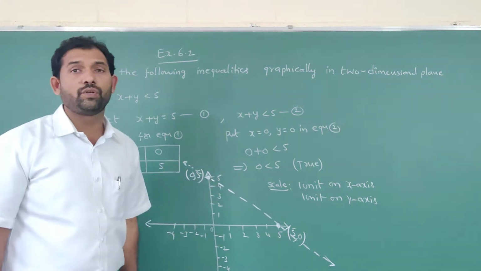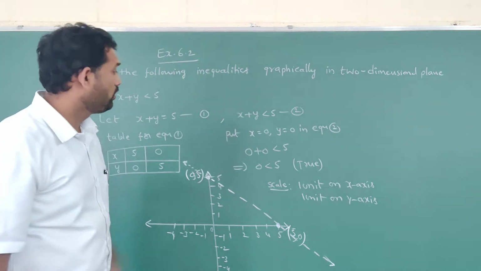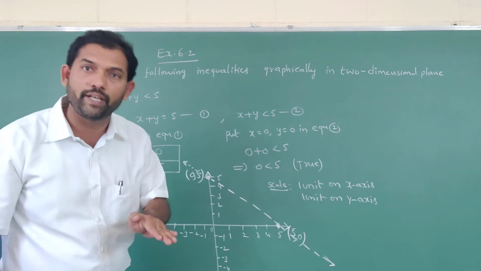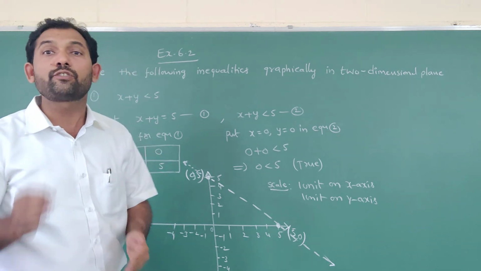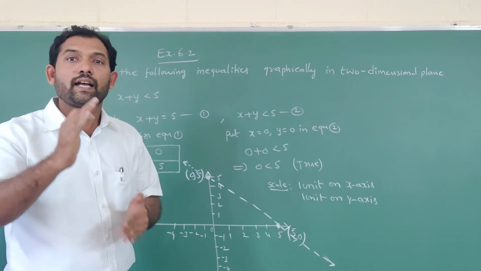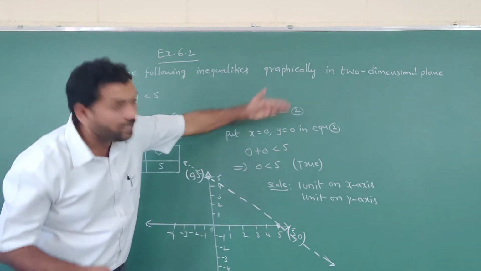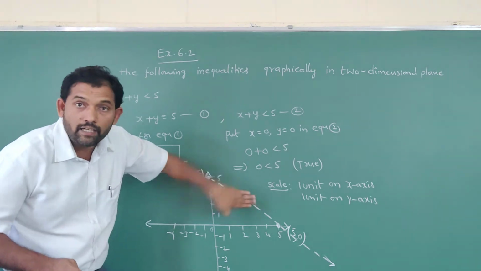For equation number 2, what data do you have to see? 0 less than 5, it is true, so the solution set is here. In total 2 solutions are there: one is the line above, another is the line below.